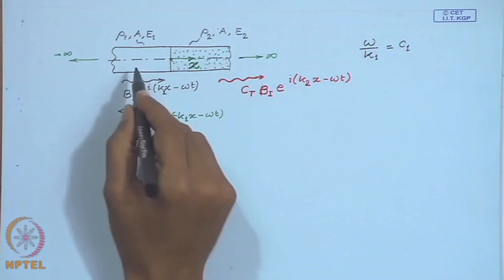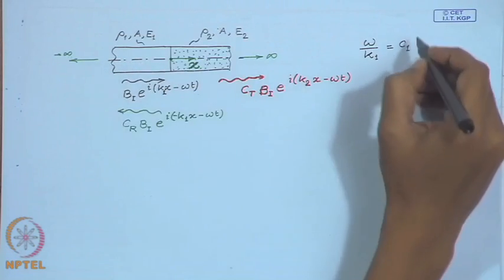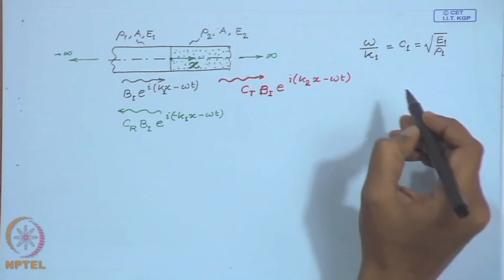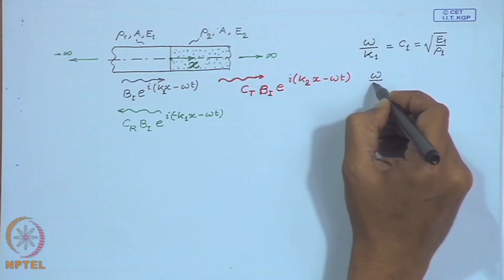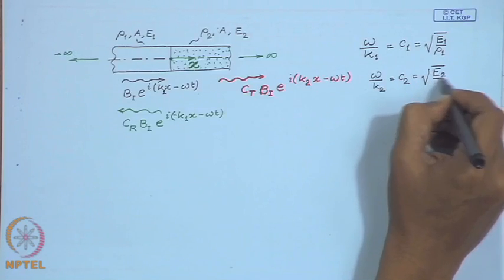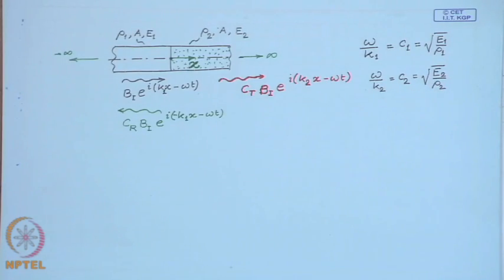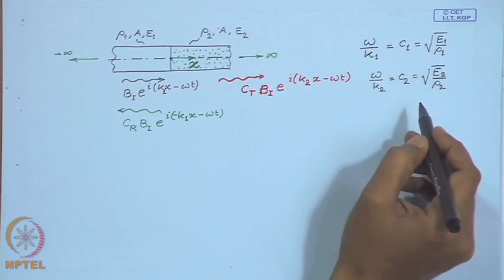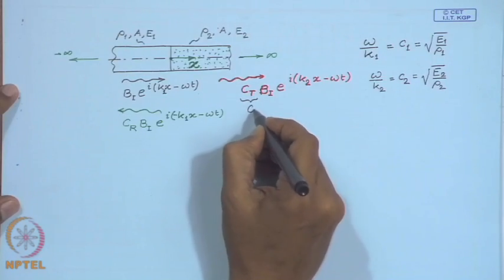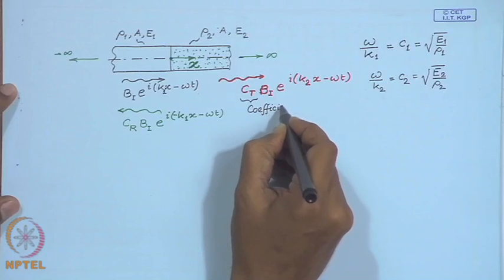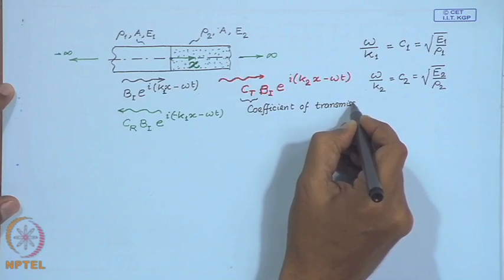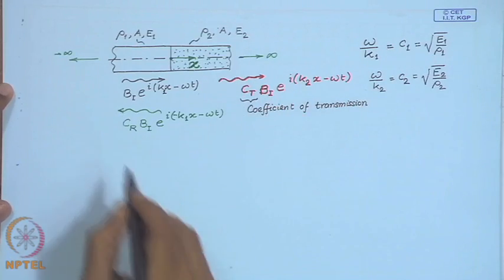So, C 1 is the speed of axial waves in material 1, which is given by, and similarly for material 2 we have this relation, and here we have this as the coefficient of transmission. So, C t is the coefficient of transmission, C r is the coefficient of reflection.